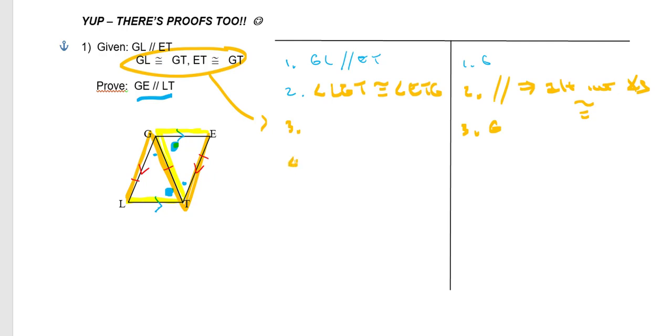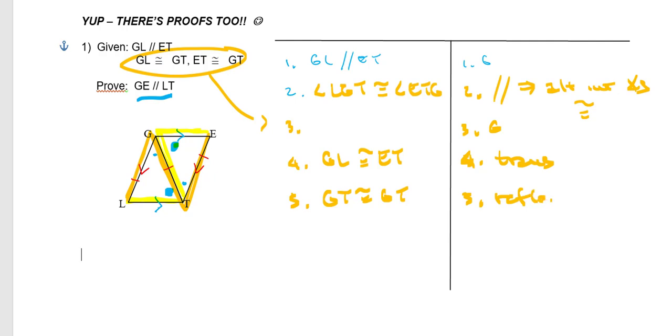I know that GL now is going to be congruent to ET because of transitive property. And I know, of course, that GT is congruent to itself. That, of course, is just a reflexive property.